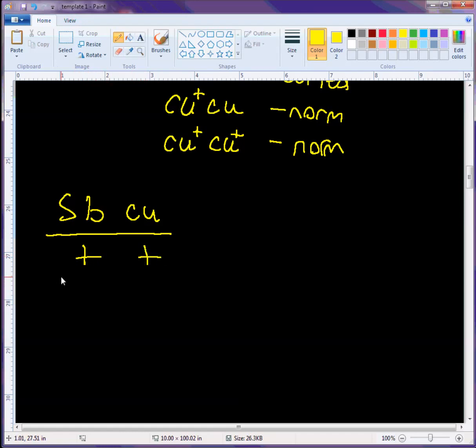Because the book uses just the pluses, I'm not going to put SB and CU here. We'll just use pluses, and if a plus is underneath the SB, then we know that's SB+, and a plus under here is really the wild type CU+ allele.